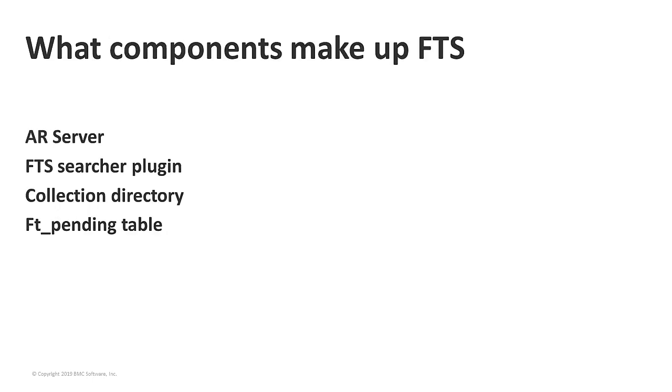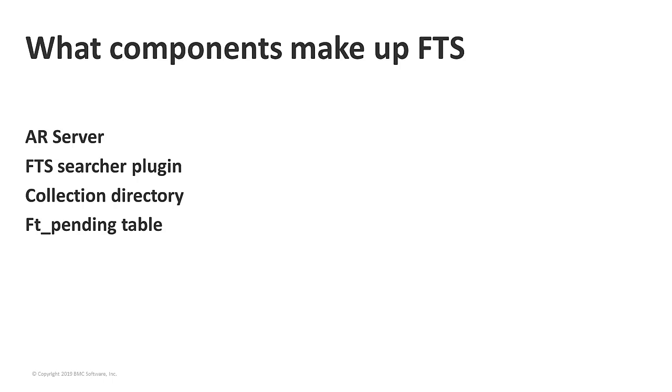So there are four main components to FTS, and those are AR Server, the Searcher plugin, Collection Directory, and the FT Pending table. The FTS service contains an indexing service that writes and updates a set of index files and a search service that reads the index files and uses the data to perform fast searches.